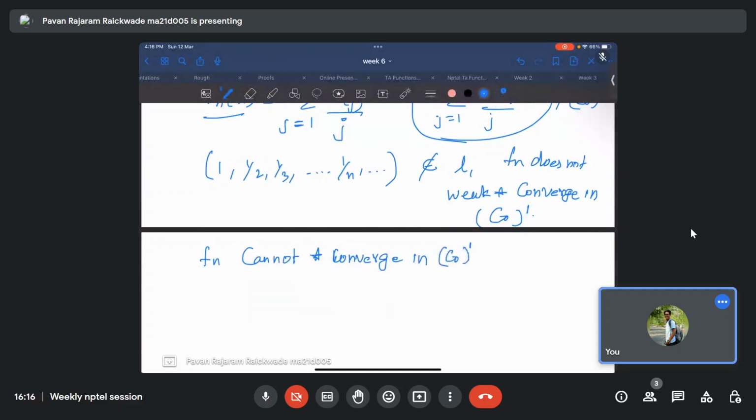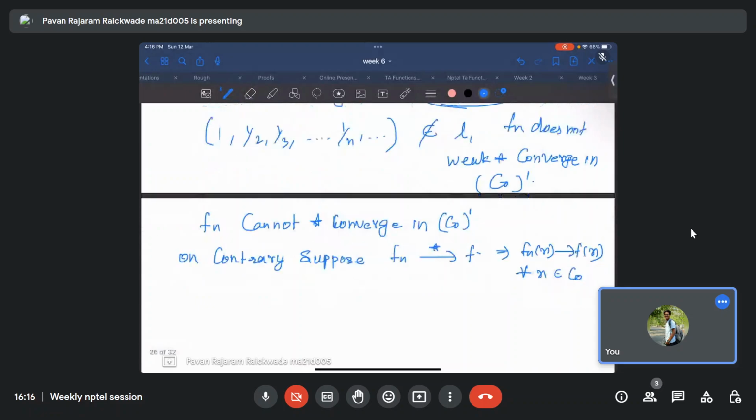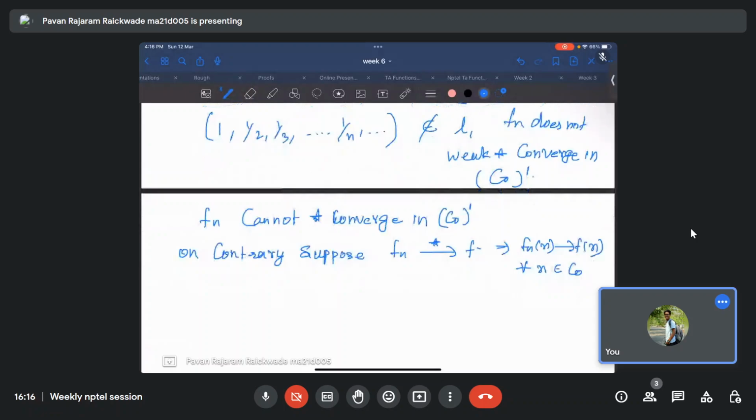So suppose, on the contrary, this Fn converges to F star. This implies Fn at x converges to Fx for all x belongs to C naught, right?